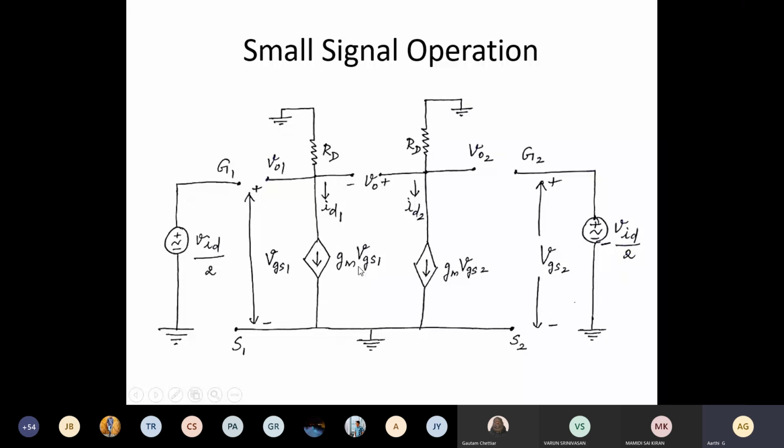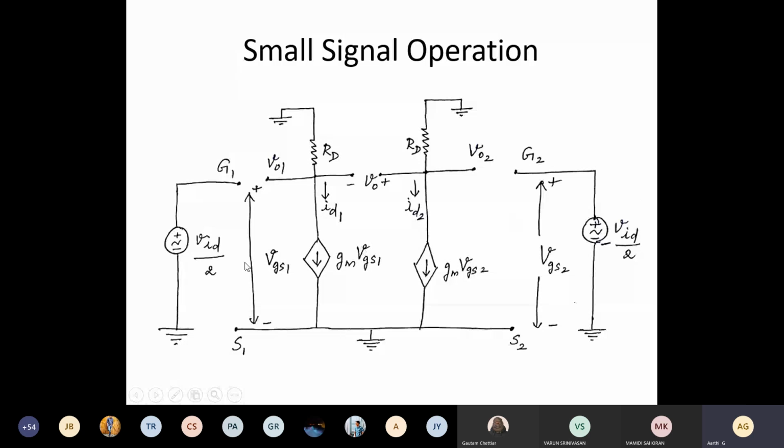ID1 is the current flowing at the output, GM VGS1, and ID2 is GM VGS2. So what is VGS1? VGS1 is the input voltage that we give at the gate, from gate to source. It is plus VID by 2 for the Q1 transistor. Similarly, for the Q2 transistor, it is minus VID by 2.